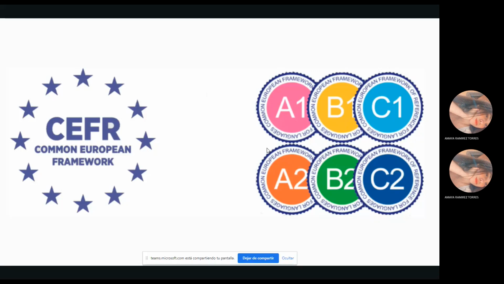This is a small image that will help us visualize the topic. And this is all about the Common European Framework. This exposition is really short and small, but hopefully you got to understand what the CEFR is.